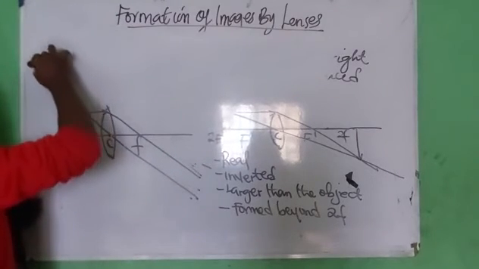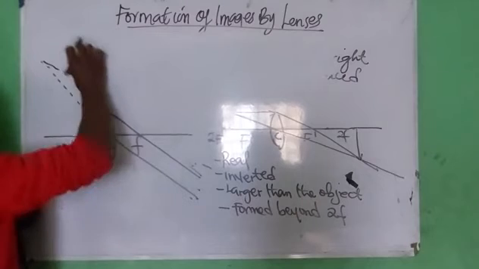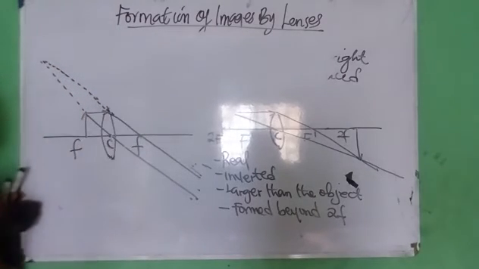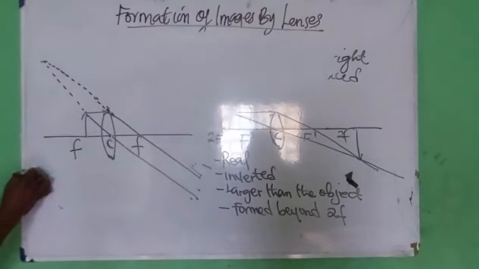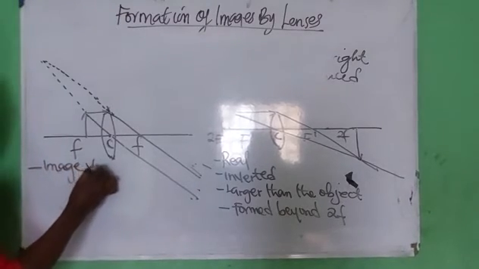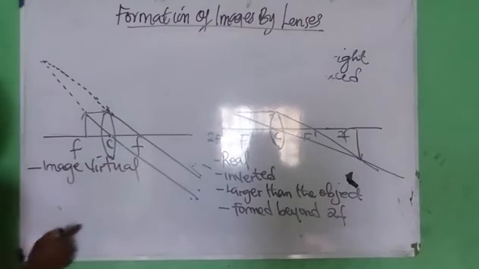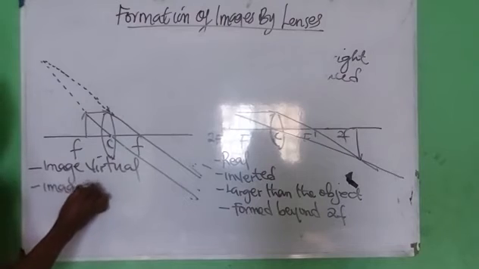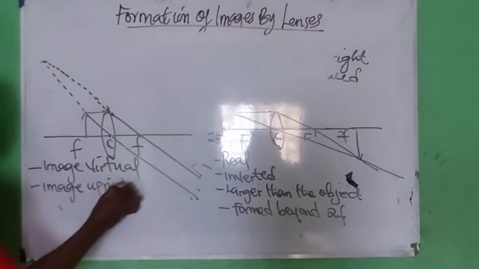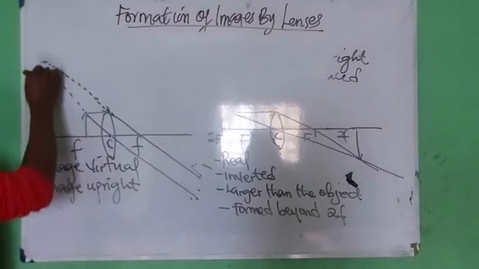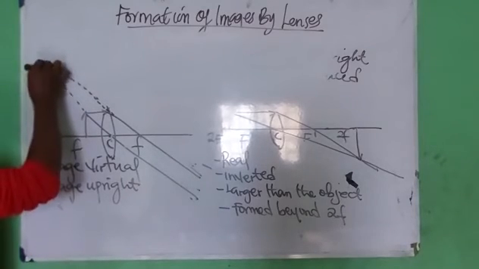So what will you observe? One, the image is what? The image is virtual. The image is upright. It's not inverted. You see, it is not. Look at where the image is.